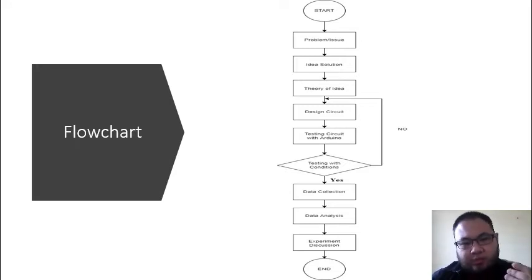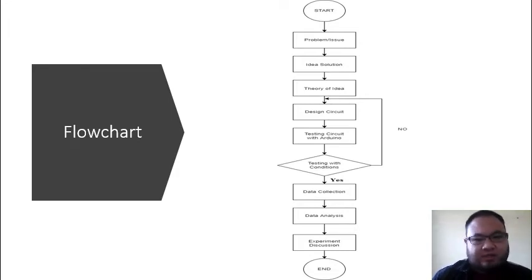After knowing the issue and the problem, we as a team have to come up with an ideal solution. The ideal solution is to have a theory of how we use these components to turn on the high beam and the headlights. After we have that theory of all these components, we have to come up with a design of the circuit. Once the design of the circuit is done, we go for testing the circuit with the Arduino.